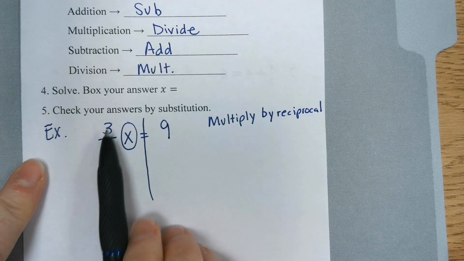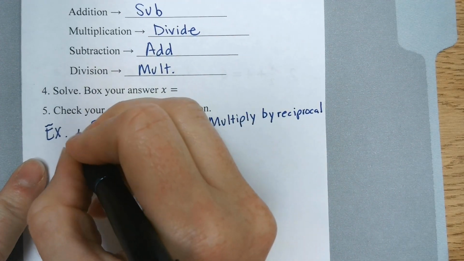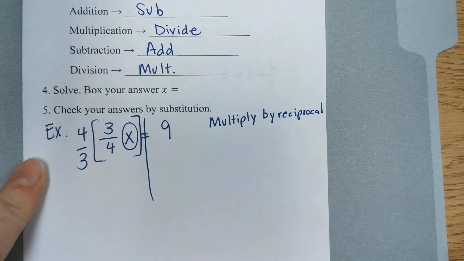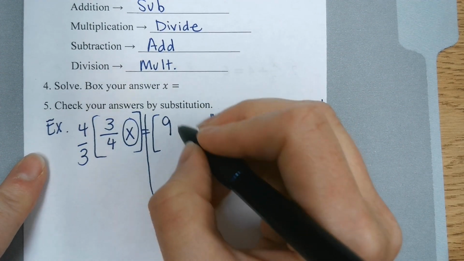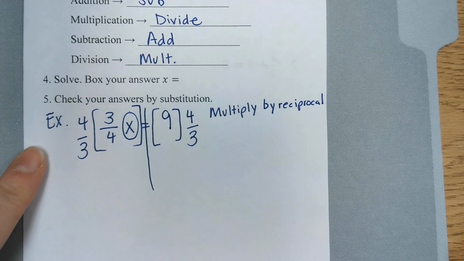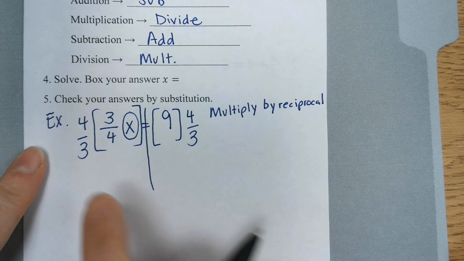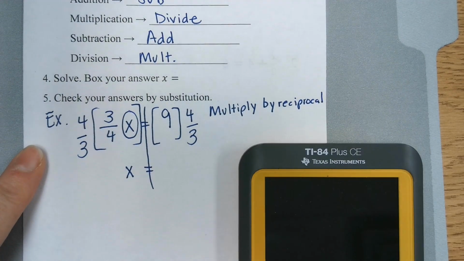So the reciprocal of 3/4 is 4/3. We're going to get rid of it on that side and we get x equals. We're going to multiply.